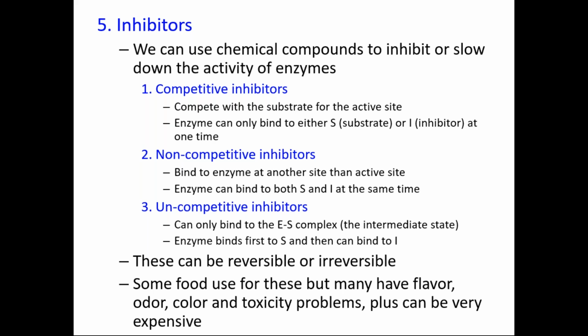Mustard gas or nerve gas are irreversible inhibitors of acetylcholine esterase. When nerve gas bombs were thrown, it inhibited the acetylcholine esterase, and you know how important acetylcholine esterase is for nerve transmission.